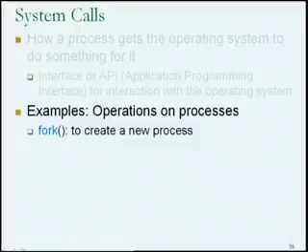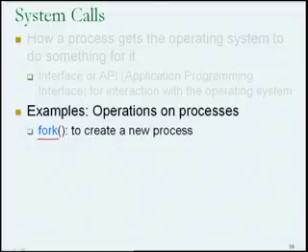The first system call that I've listed is a system call called fork, and it can be used to create a new process. So what this essentially means is I could write a C program. Within that C program, I could use the fork system call, and the effect is going to be to create a new process. And in fact, I could have a program which has multiple calls to fork.